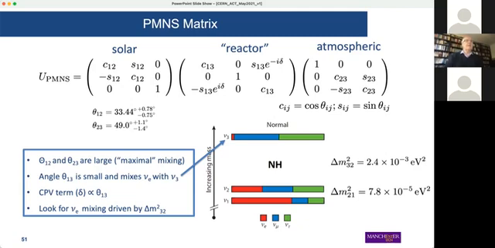This term, however, is expected, as I said, to be small, and one way we can see it is looking for nu-e mixing driven by this mass difference. So you see there's a very small component of nu-e in here, and what's driving this is this mass difference, and therefore the oscillations driven by this particular frequency.